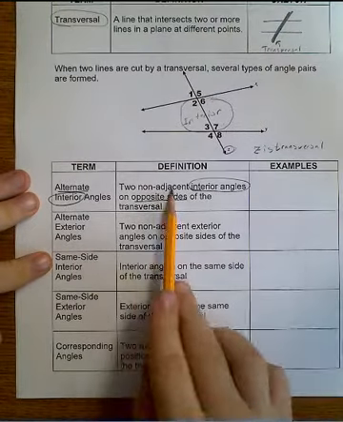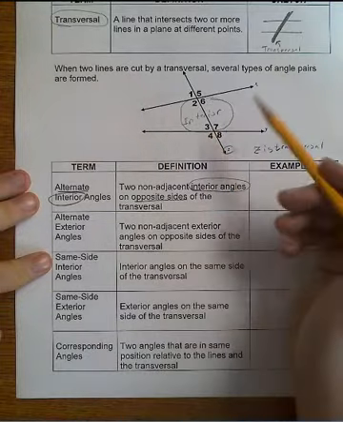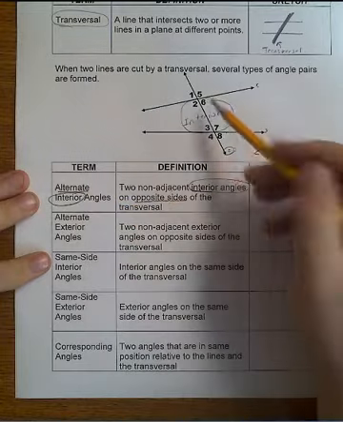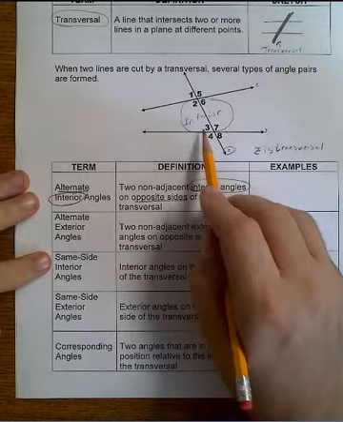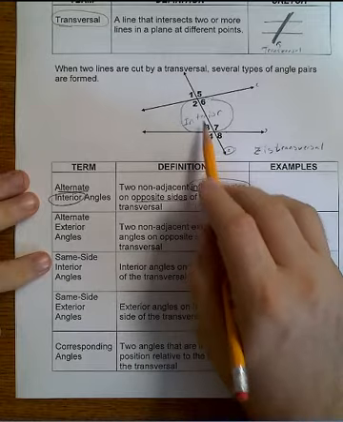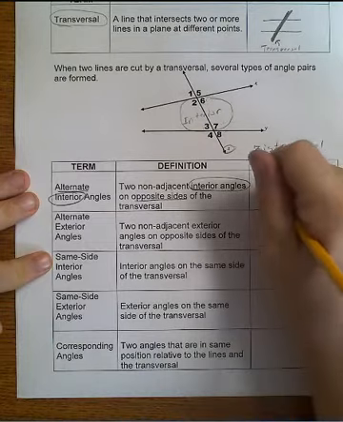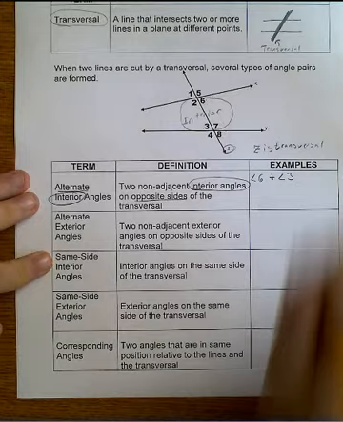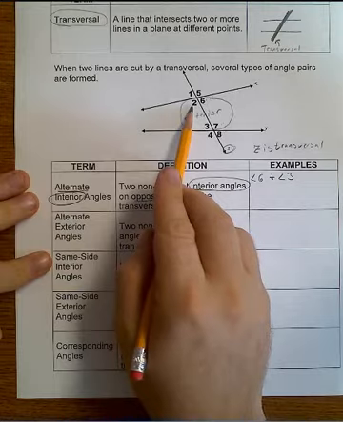That means not touching. 6 and 2 make a linear pair. So that's not what I want. I want alternate interior angles. So 6 is alternate interior with 3. They are alternate sides of my transversal. So 6 and 3. Now I have another pair of alternate interior angles. That would be angle 2 with angle 7.